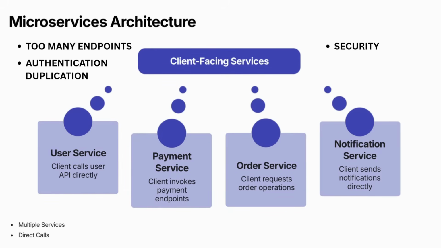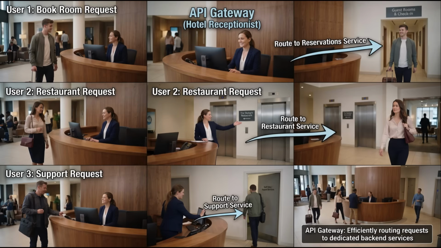All services are exposed directly to the client, which is a huge risk. And fourth, tight coupling. The front end knows your internal architecture. If the backend changes, the front end will have to change again. This is a bad design. So engineers need a solution so that the front end only calls a single designated point and then internally it routes to different services. For that, API gateway comes into the picture.